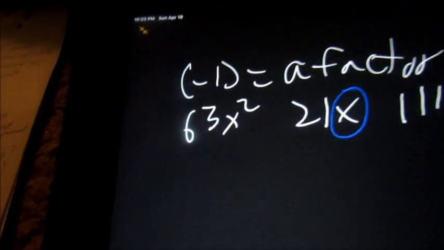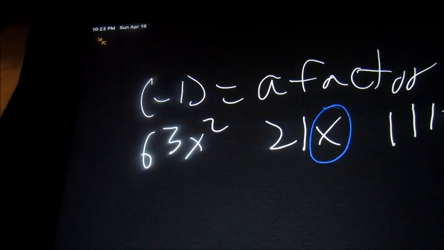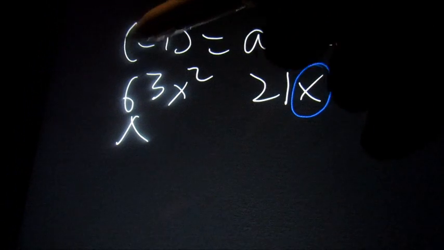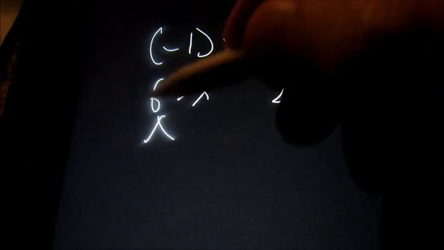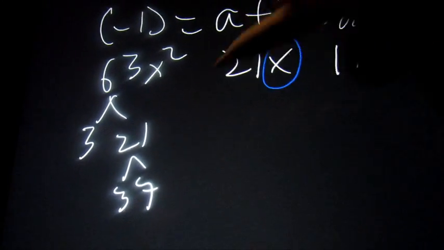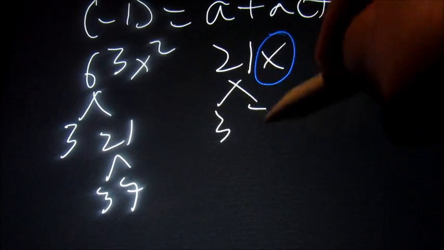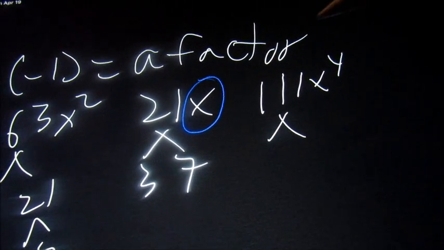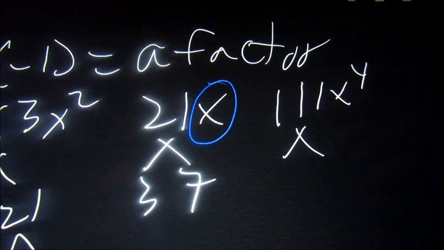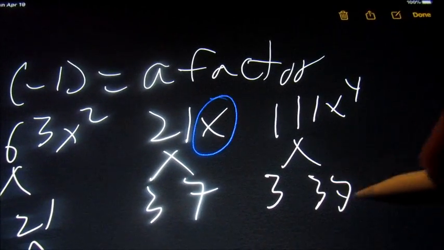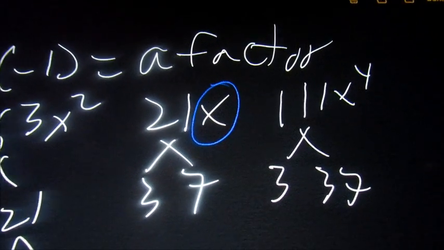So now what I'm going to do is, for these ones, I'm going to do the factor tree. 2 won't go into 63, but 3 will, and it will go 21 times. And then we've already done that. That's 3 and 7. So here, 3 and 7. 2 won't go into 111, but 3 will, and it will go 37 times.